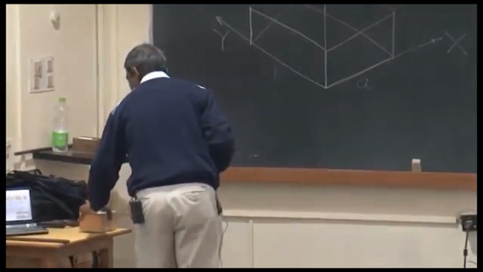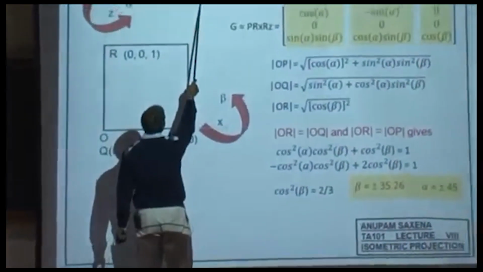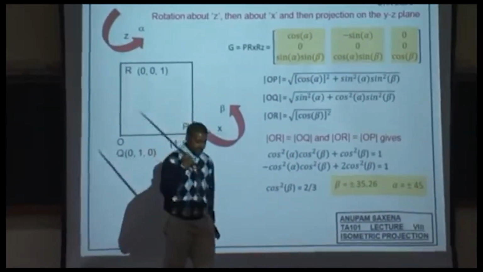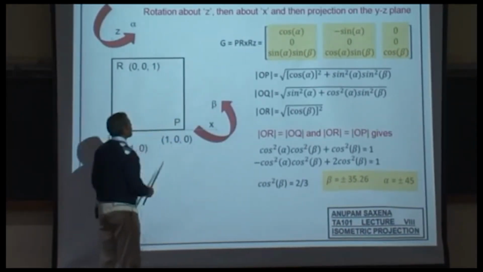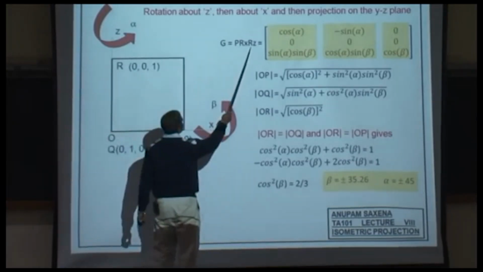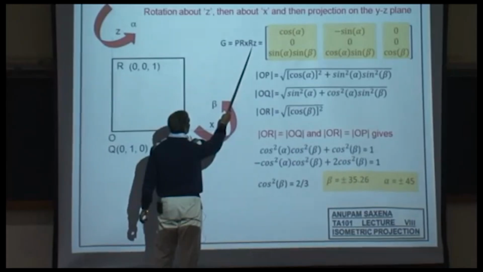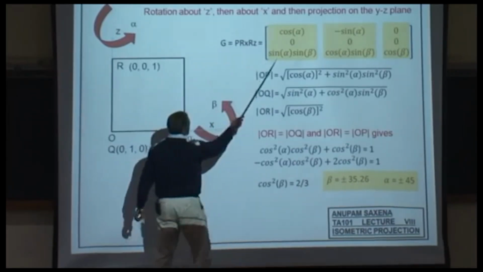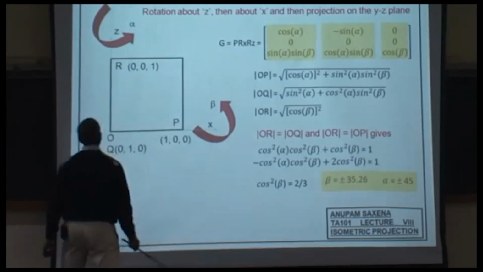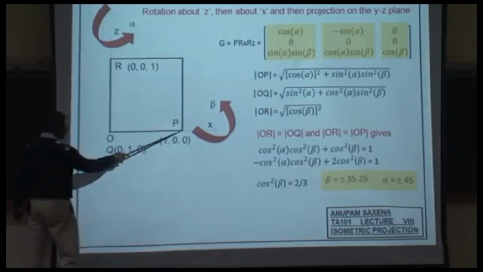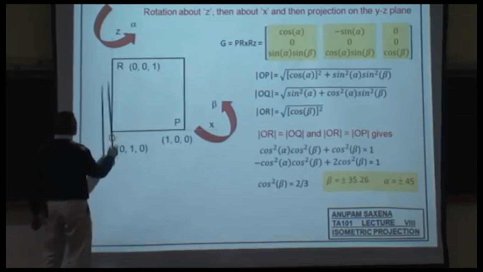When we did transformations, we rotated the unit cube about the z-axis, then about the x-axis, and then we performed the projection on the vertical plane, that's the screen plane, okay? We pre-multiplied the rotation matrix about the x-axis with RZ, and then we pre-multiplied the projection matrix, and we got the projected coordinates of the points P, Q, and R. Point Q is pointing inside the screen, and R is over here.